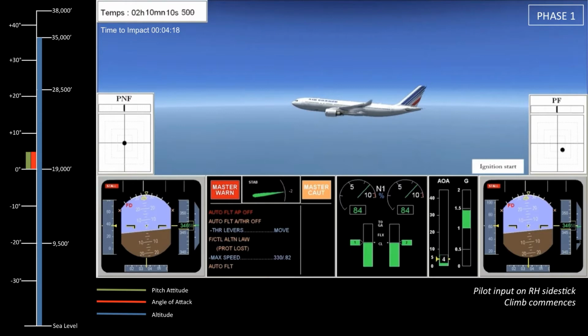These pitch inputs, in increasing the loading on the aircraft to 1.6 G, also had the undesirable effect of similarly increasing the angle of attack, thereby reducing the already slender margin to the critical value and consequently triggering the stall warning alert. Simultaneously, as the threshold value which triggers the stall warning is dependent on Mach number in order to reflect the aerodynamic effects of compressibility, the blocking of the pitot probes convinced the system that the aircraft was flying slower than it actually was.